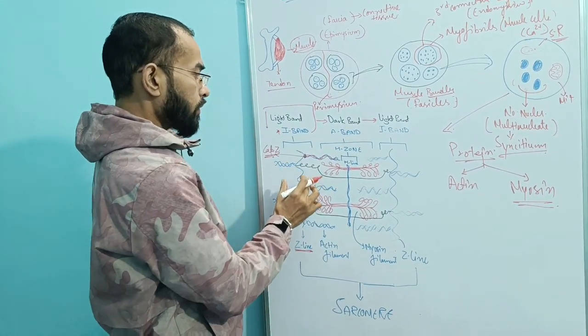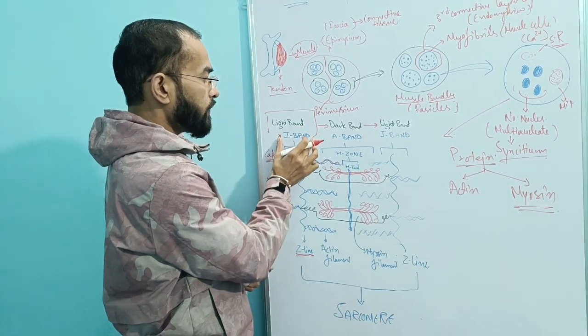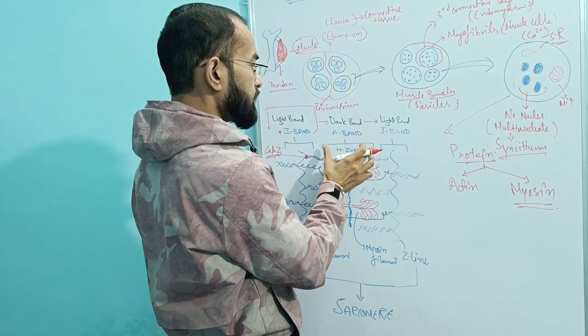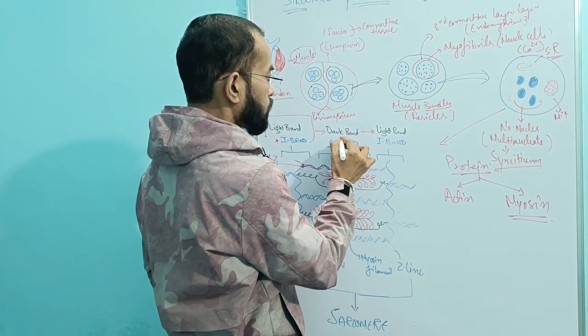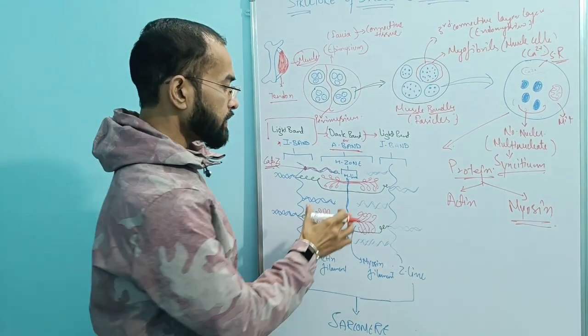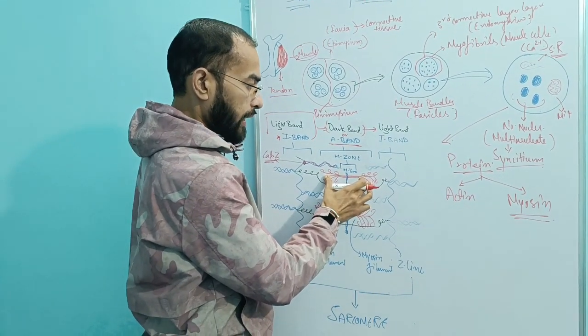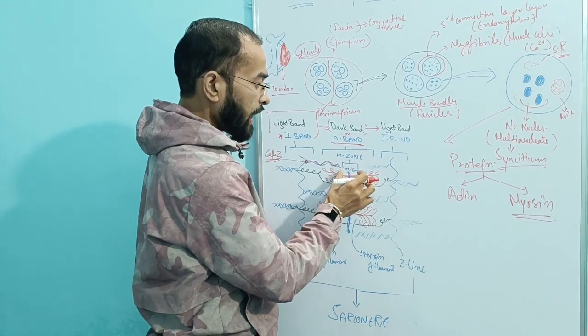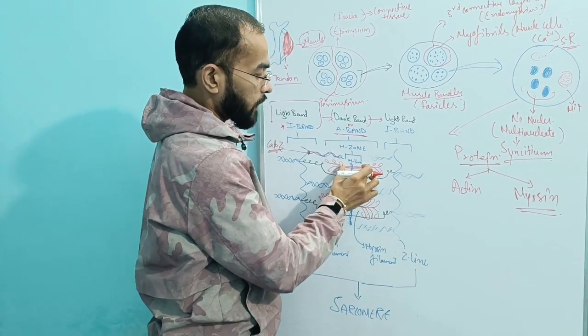Actin filament forms the light band, which we also call I band, and in the center there is a band which we also call dark band. Dark band contains the centrally located myosin filaments and its overlapped region with the actin, and also the non-overlapped region.